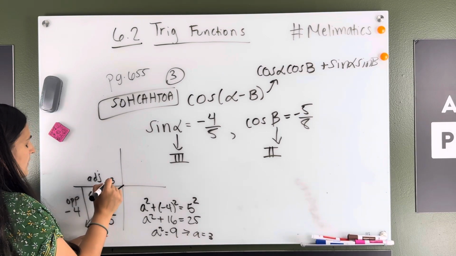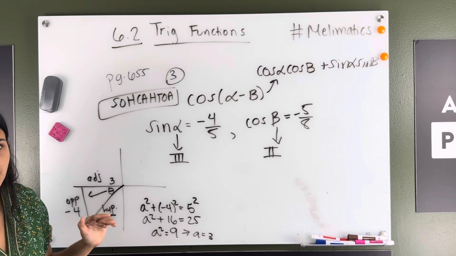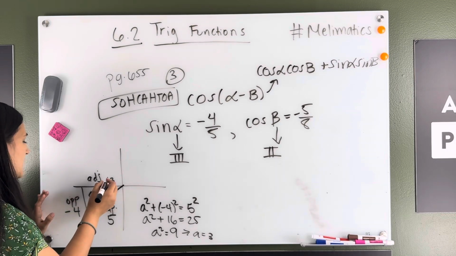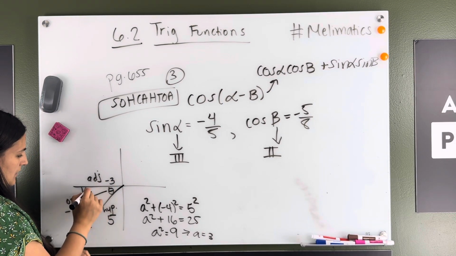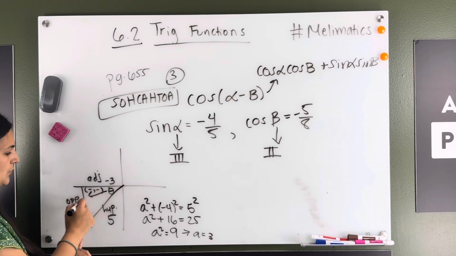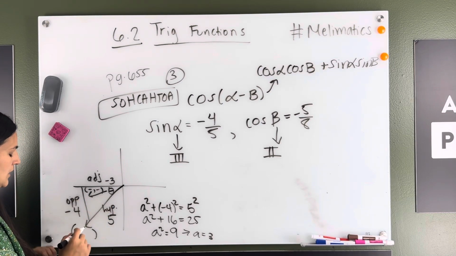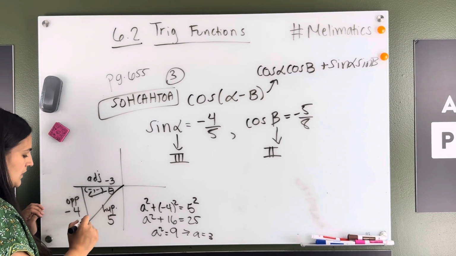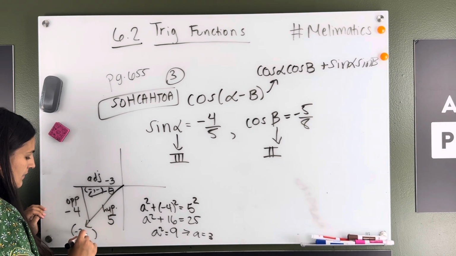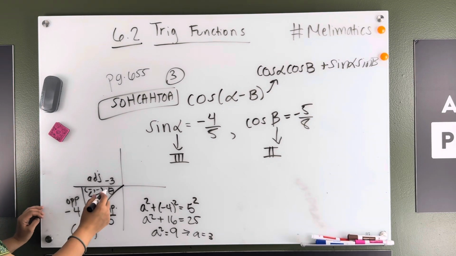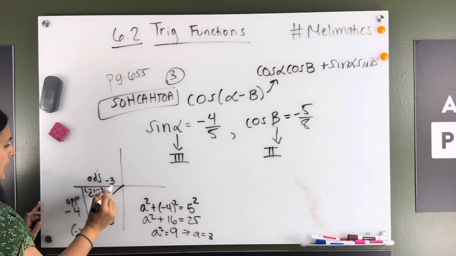But does it make sense to be a positive 3 or a negative 3? It has to be negative 3, because in the third quadrant both cosine and sine are negative. So the point on this line is negative 3, negative 4. This is all alpha.